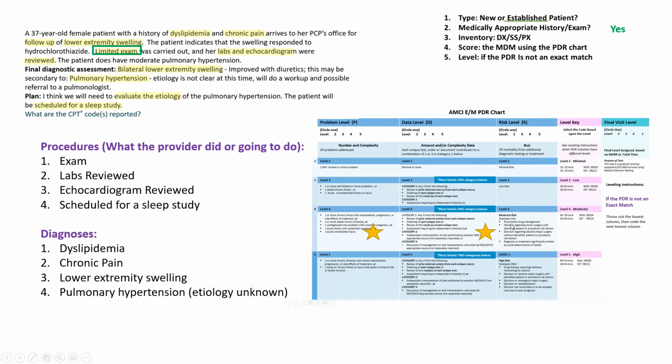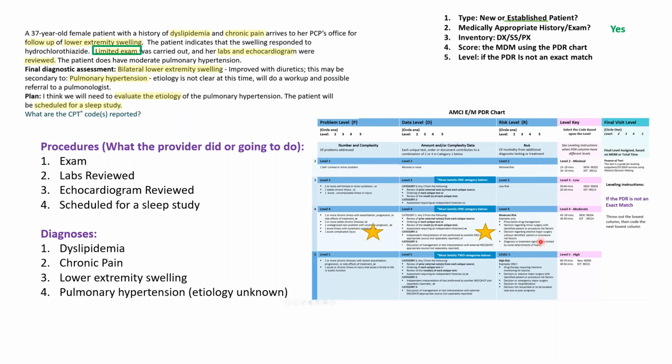The risk. All right, so I'm just going to start at level 4 because this is where they have some examples for us. No prescriptions were written, no minor surgery took place, no major surgery took place, and no, the diagnosis or treatment of that patient was not limited due to the social determinants of health.